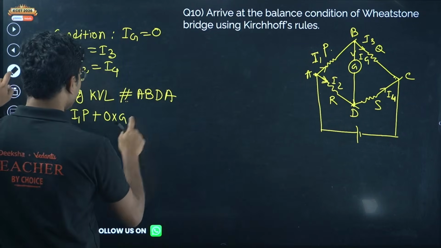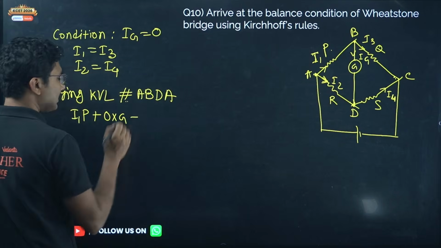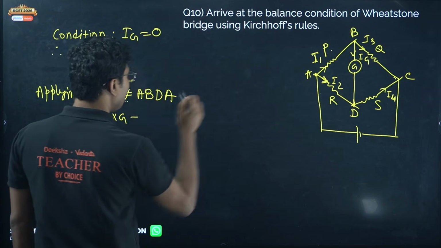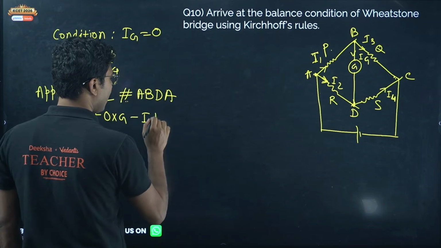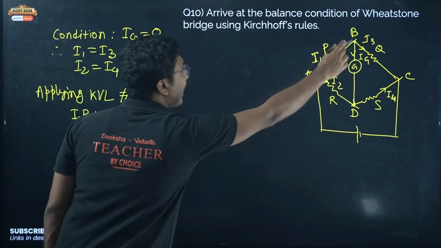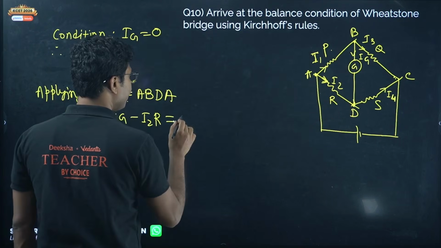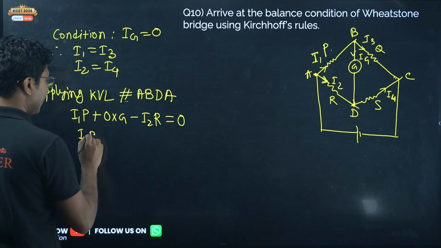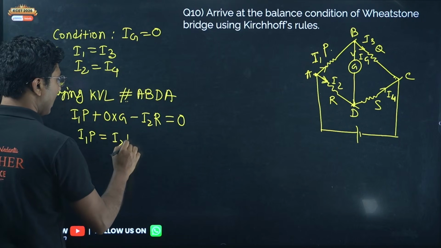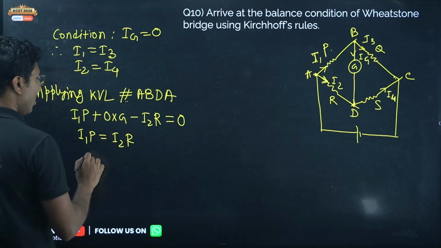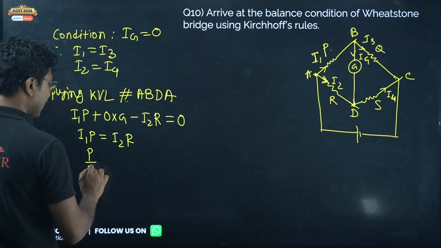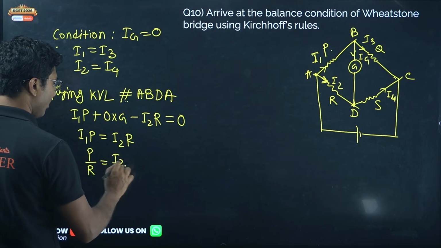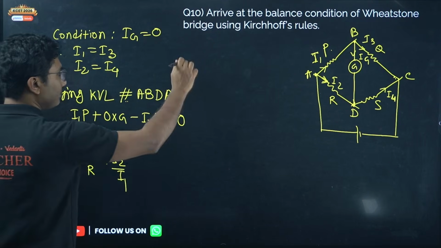Against the direction of current means it will be minus, and you have to apply I2 into R. And there is no battery or cell connected in this loop, so this must be equal to 0. So we can say I1P equals I2R, or P by R equals I2 by I1.